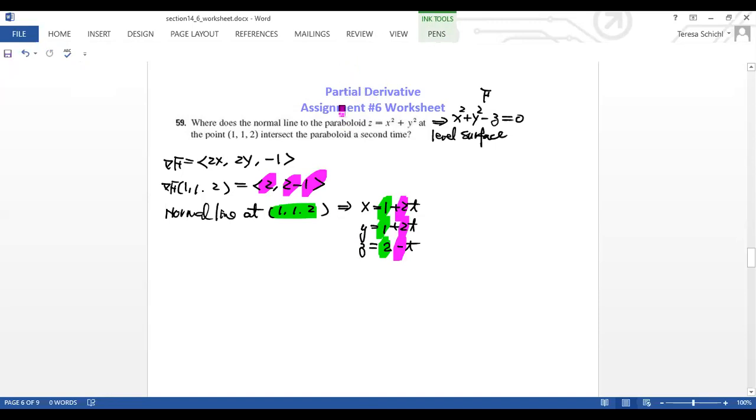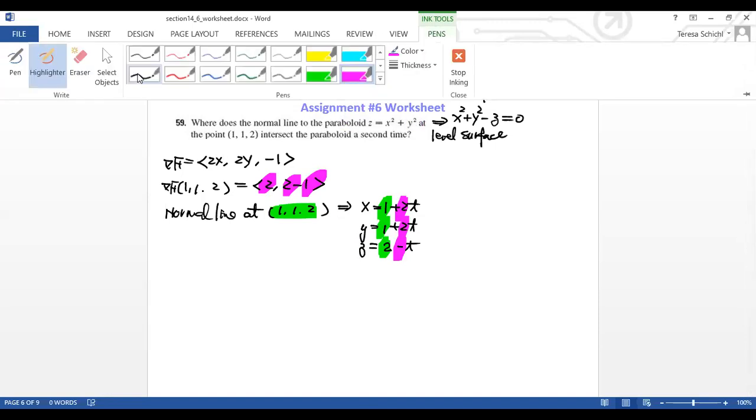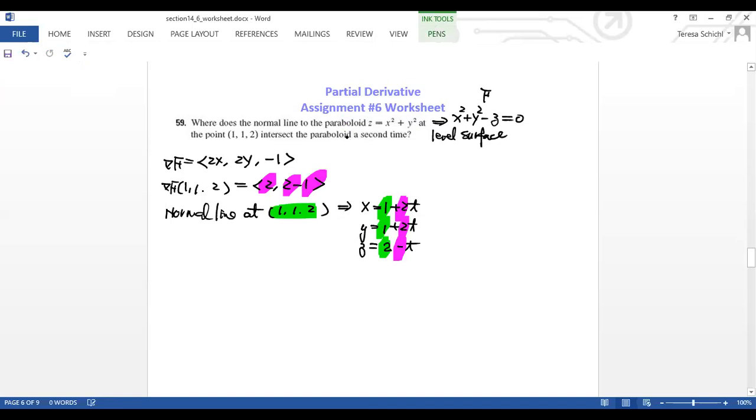So let's see, does this line intersect the paraboloid a second time? Well, let's substitute. Let's take a look. The z, which is 2 minus t, is equal to, substituting back into my paraboloid, (1 plus 2t) squared plus (1 plus 2t) squared.